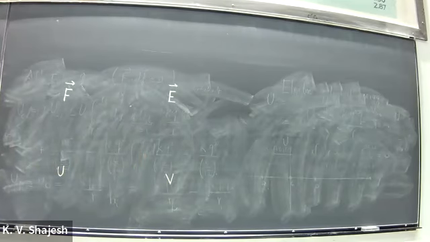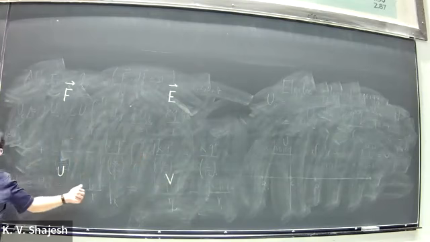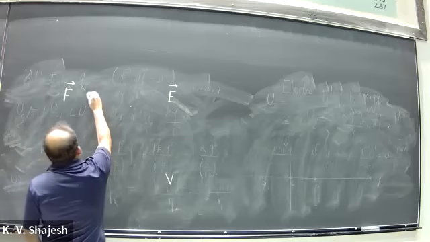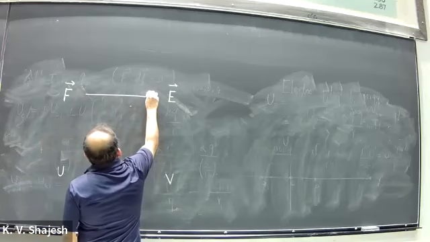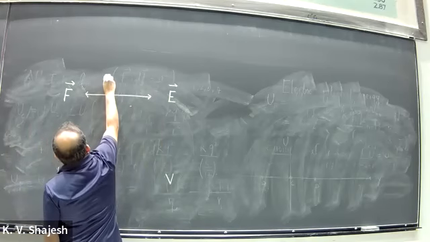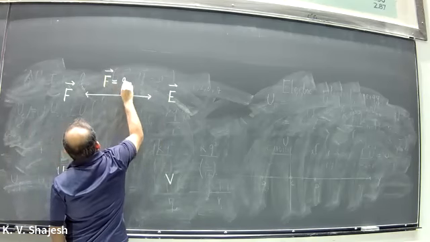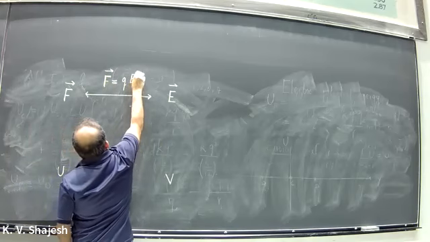There's only one concept you need. You can work the whole of whatever is needed with that. But since we have such a good understanding of this force, we can see it from 4 different perspectives. One is the force and the electric field, which we said is connected by the equation force is equal to Q times electric field.